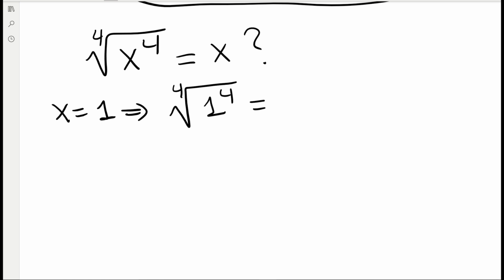What's 1 to the 4th power? 1 times 1 times 1 times 1 is 1. So this is going to be the 4th root of 1. What's the 4th root of 1? What's a number that you multiply by itself 4 times to get 1? It's just going to be 1. And this is equal to x.